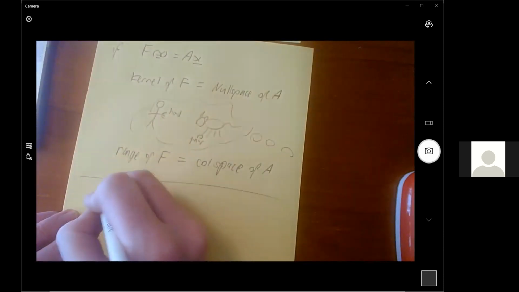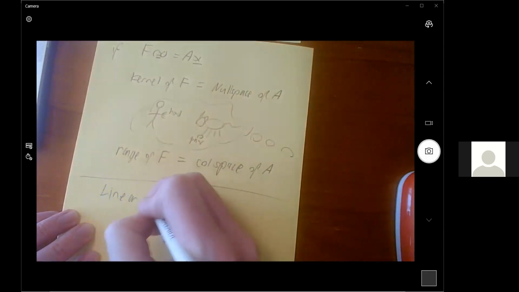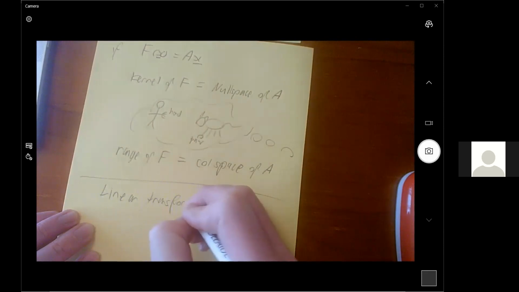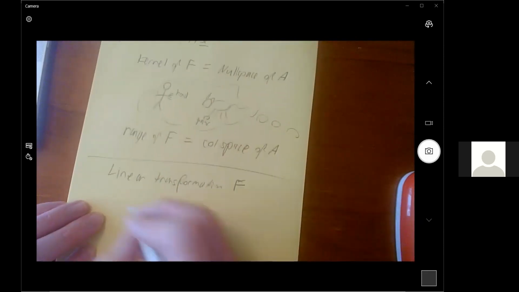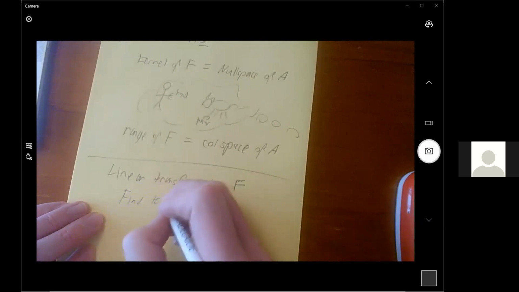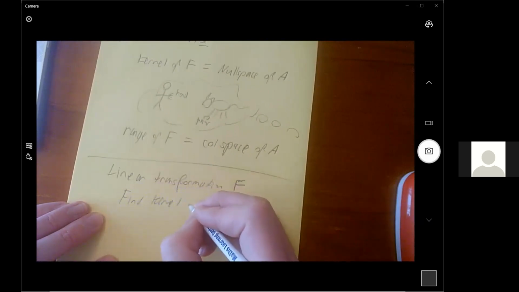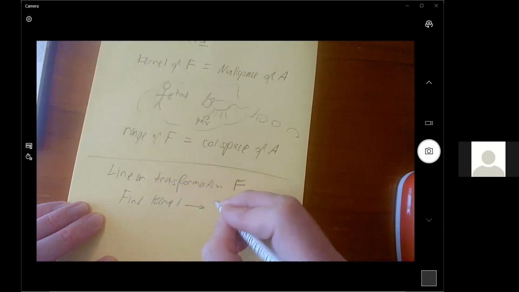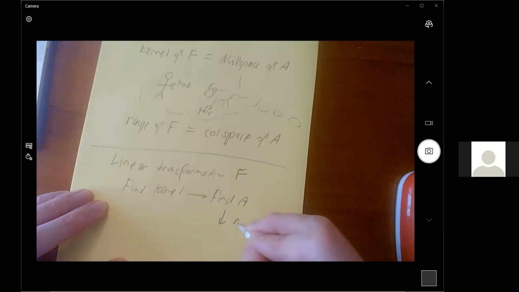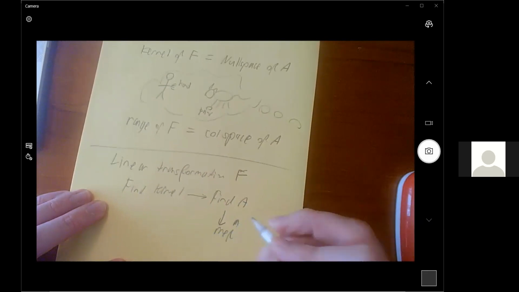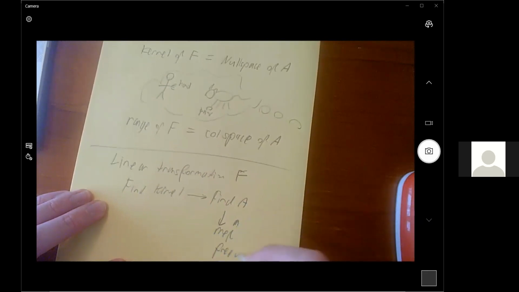So you've got a linear transformation like F. One way of finding the kernel would be to find the matrix A and then do the RREF and do the free variables. Is that what you were sort of saying?